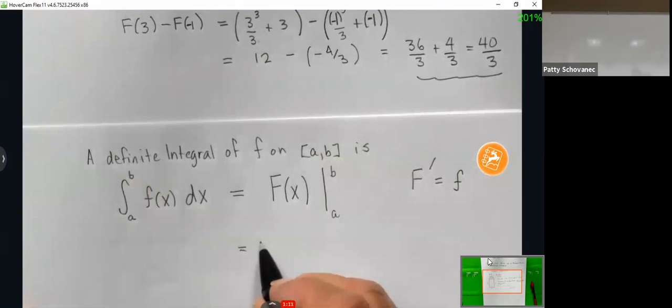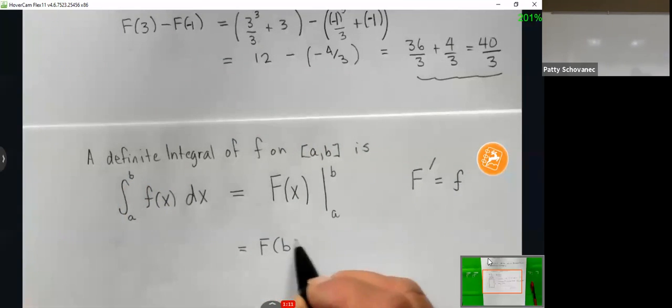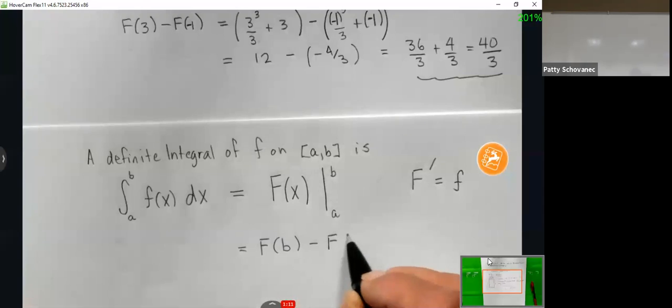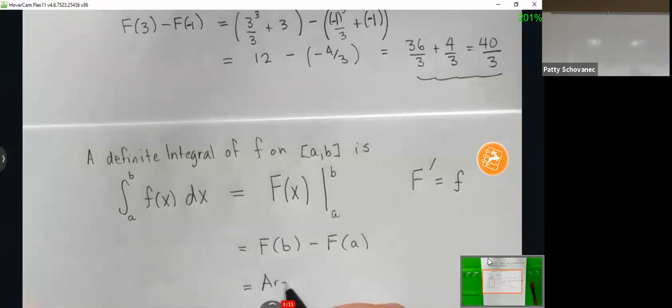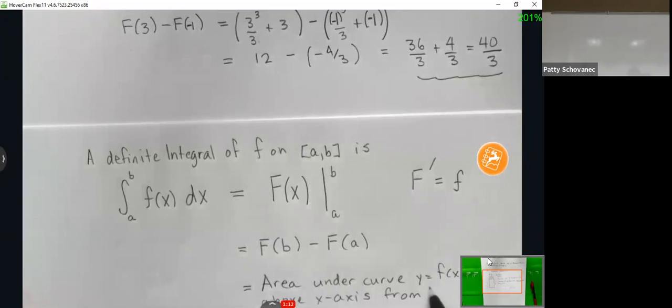And we do that as F at b minus F at a, and that's equal to the area under the curve of a positive function f above the x-axis from x is a to x is b.